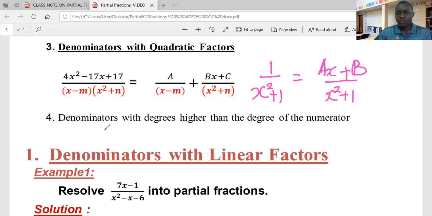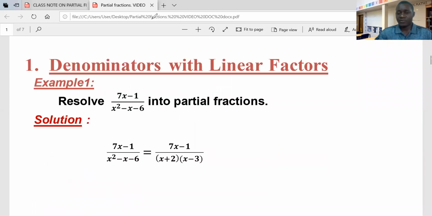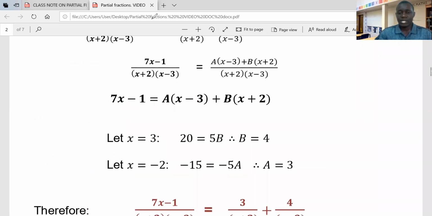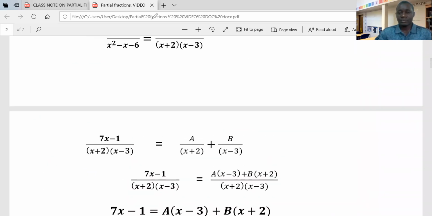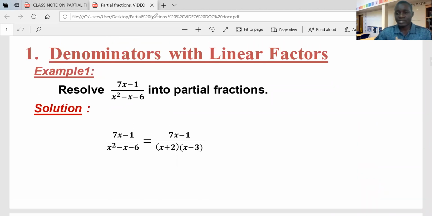Now the last one is denominators with degrees higher than the degree of the numerator. We will look at that in subsequent lessons, but we are going to take a look at some examples, and I'll run through the one that we have already worked out before now. So let's take a look at an example that we had looked at something similar to before.